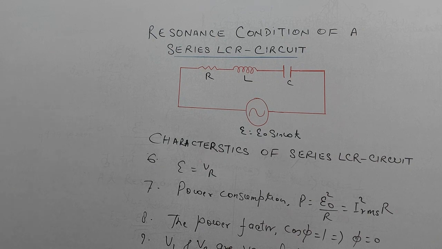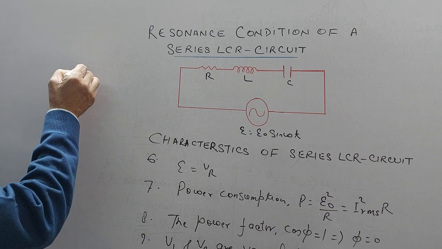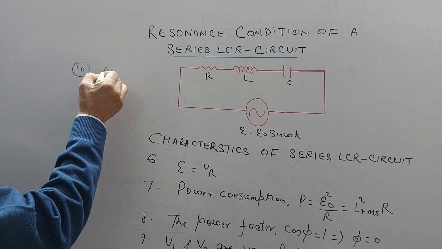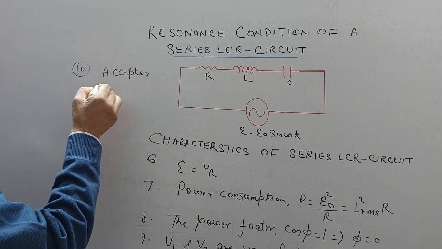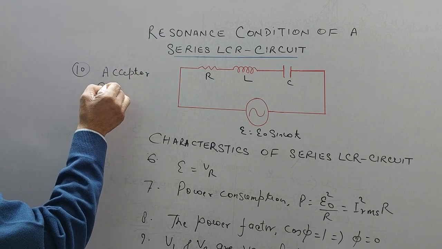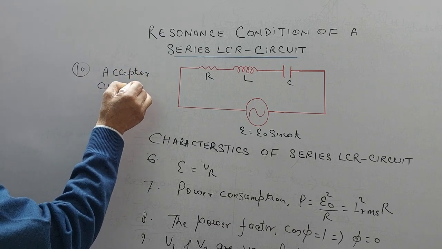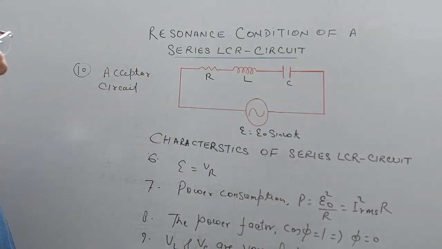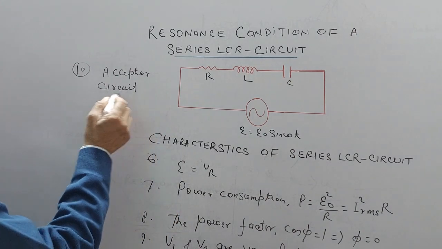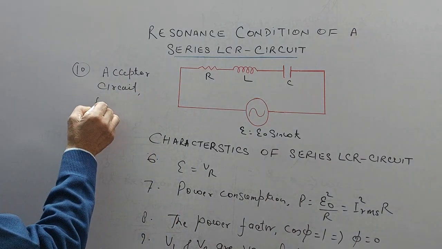And the last point: it is also called the acceptor circuit. This LCR circuit is known as an acceptor circuit because it accepts only one single frequency, the resonance frequency fr, and it rejects other frequencies. If I feed many frequencies to this LCR circuit, it would only accept the resonance frequency.